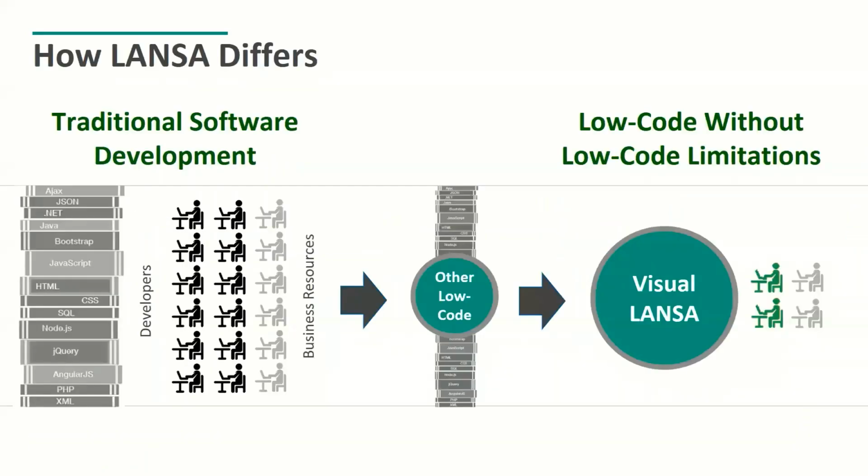If we take a look at this slide, on the left we have traditional software development, where if you have tons of developers, you can put out a lot of code, and if you don't, you won't be putting out as much code. Traditional software is intensive. It takes up business resources, and you're learning several different languages.